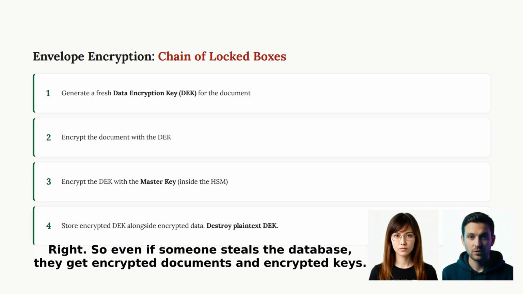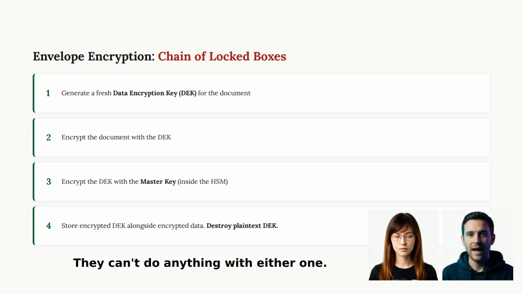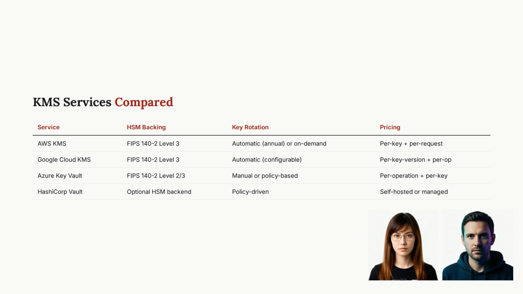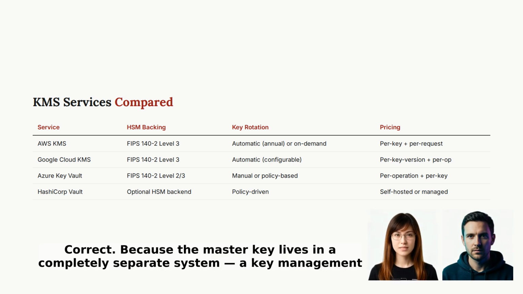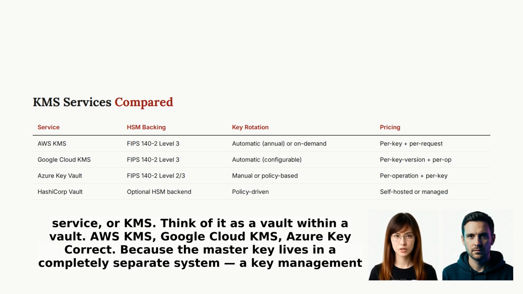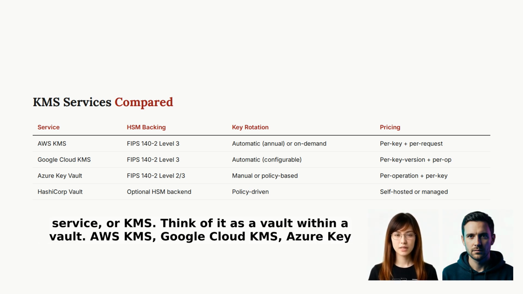Right. So even if someone steals the database, they get encrypted documents and encrypted keys. They can't do anything with either one. Correct. Because the master key lives in a completely separate system. A key management service, or KMS. Think of it as a vault within a vault.